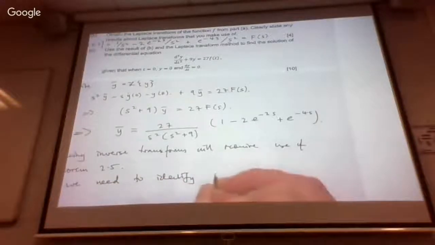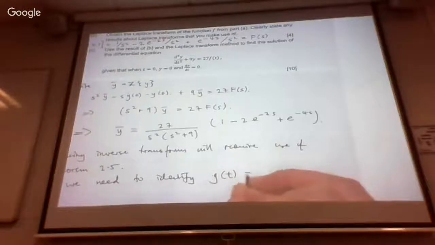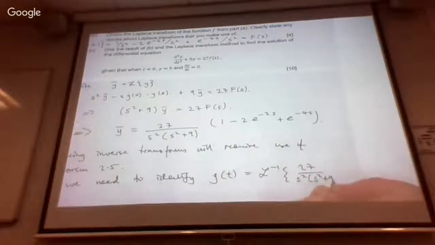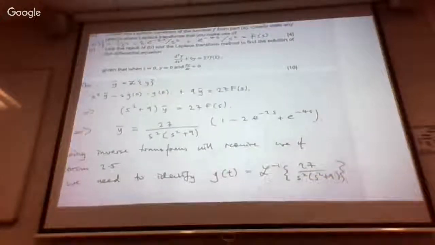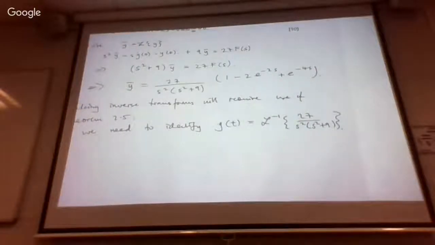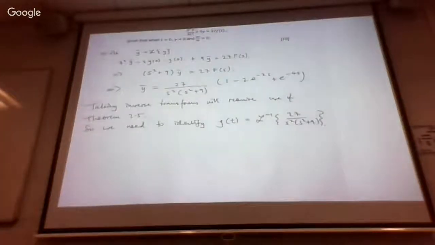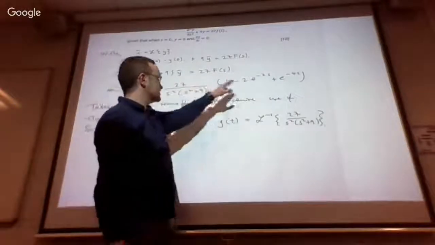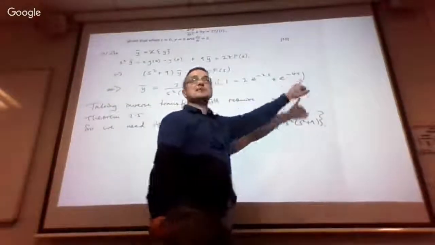So we need to identify g of t, which is the inverse transform of this function, 27 over s squared times s squared plus 9. Because applying theorem 2.5 will require us to evaluate this function g of t, the inverse transform of this part, at various shifted arguments, t minus 2 and t minus 4.